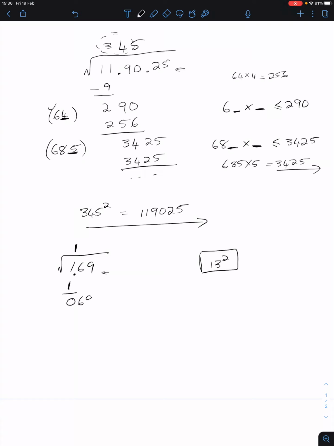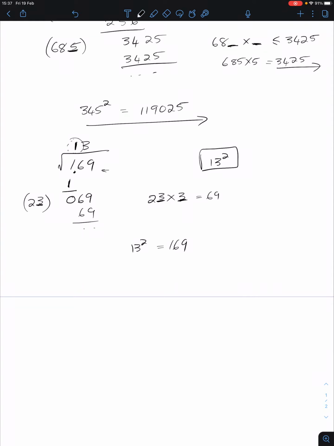Then you bring down the 69. Then you take this and you double it. So you've got 2 something. Then you want 2 with a single digit times the same single digit that are equal to 69. And that just so happens to be 3. So the next digit will be 3, and 3 times 23 will be 69, and you're left with nothing. So 13 squared is equal to 169.